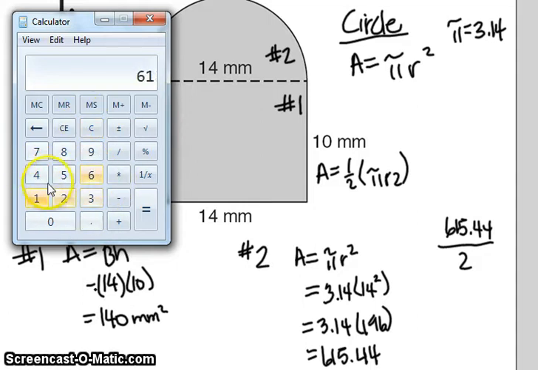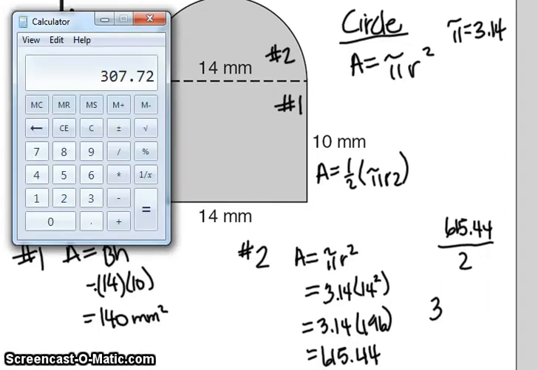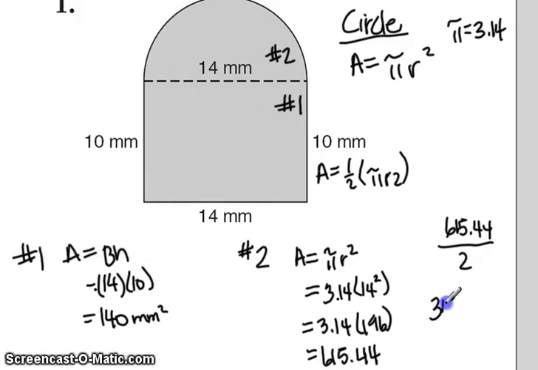One too many fours. And I'm going to divide by 2. And my half a circle is 307.72. 307.72, and that's millimeters squared.